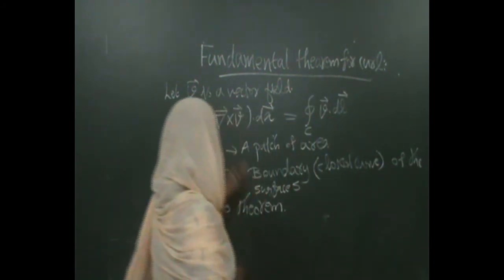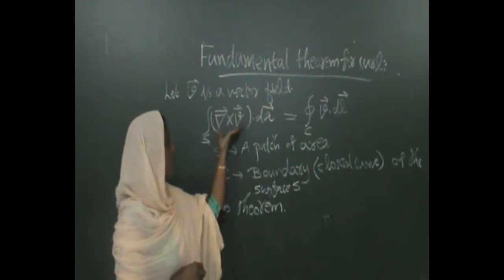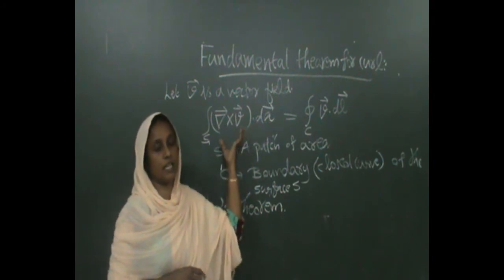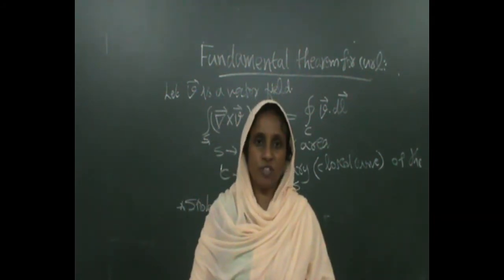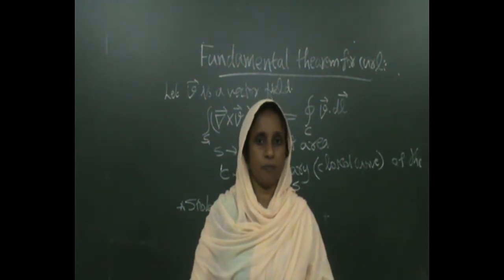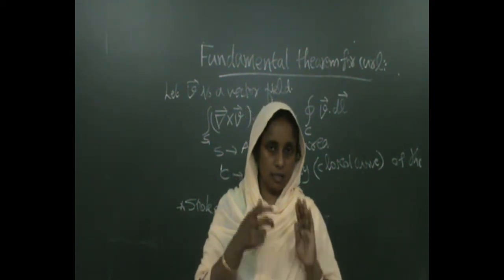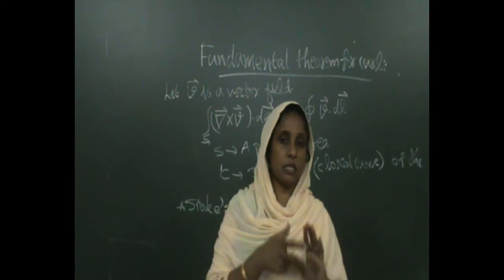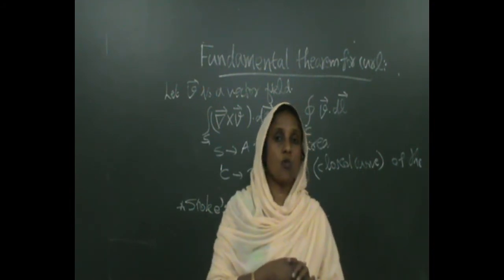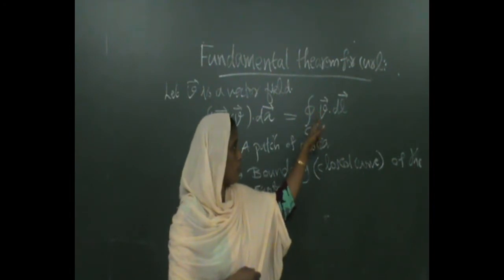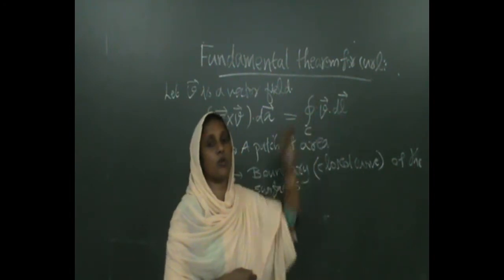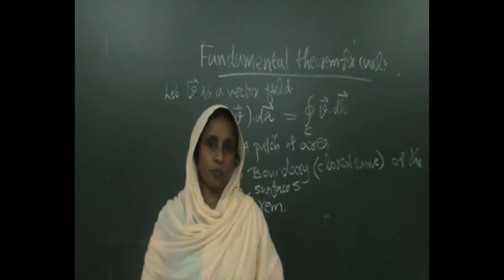So this surface integral of del cross V dot dA gives us the total amount of swirling of the vector field V. We can also measure how much vector V is going along the boundary of the surface.